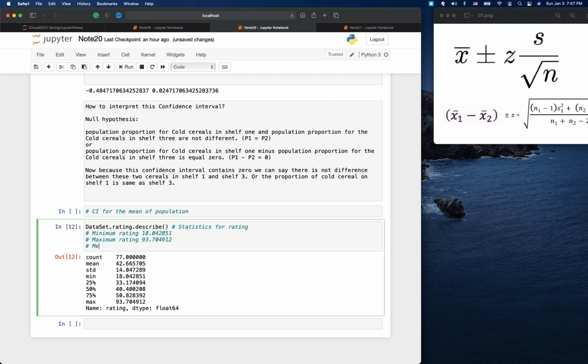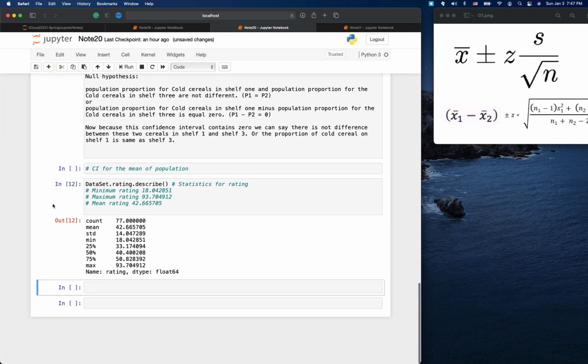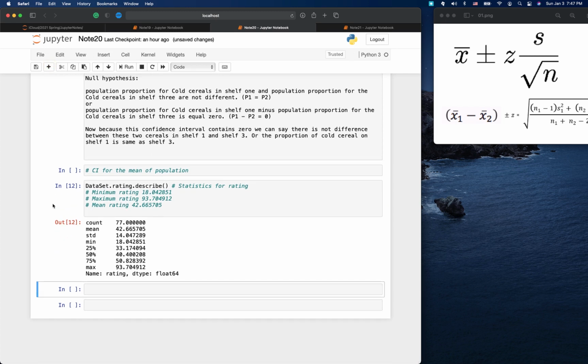And then the mean rating is this much. Okay, so what I'm going to do here, I'm going to separate the rating into two kinds of groups.